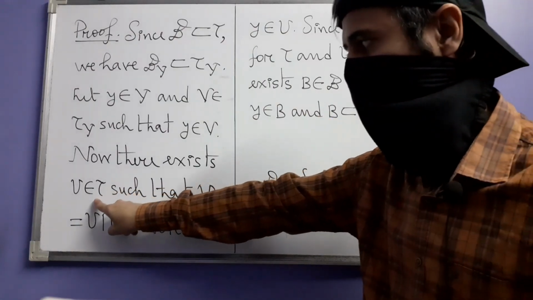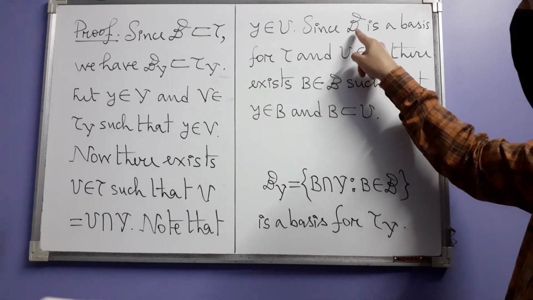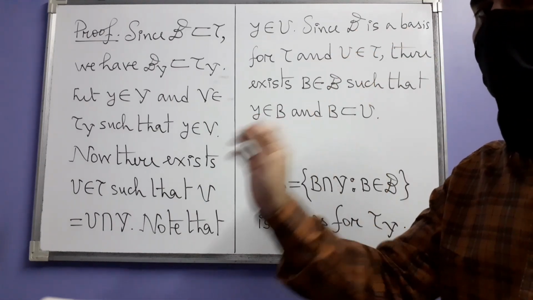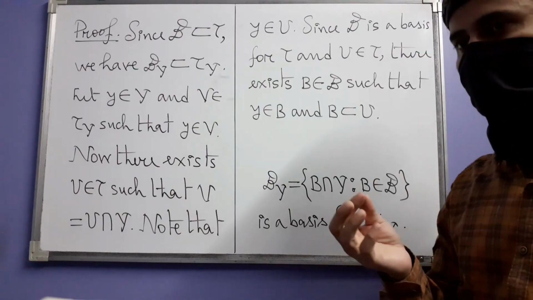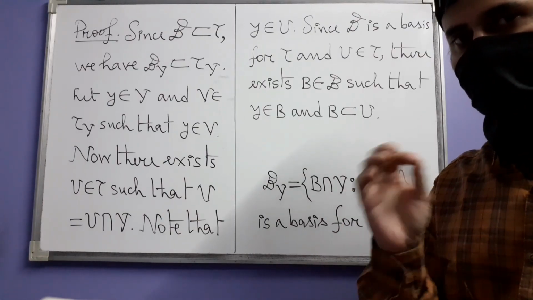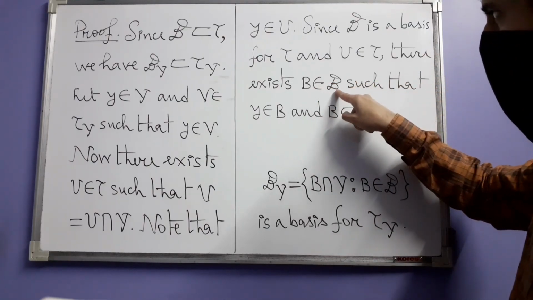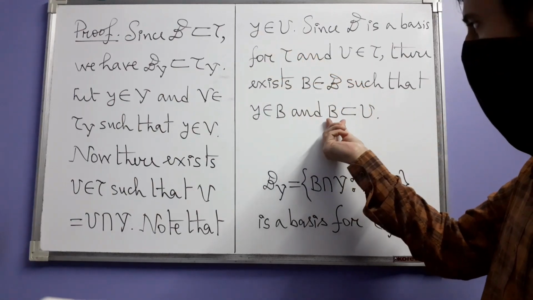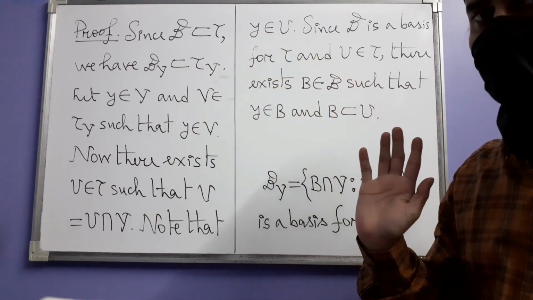U is coming from the topology tau, and B is a basis for tau, and the point y is inside u. So by the definition of a topology generated by a basis, there will be a basis element B in this collection B that will contain that point and will itself be contained in the open set U. Okay, next.